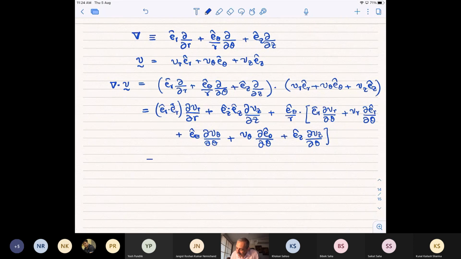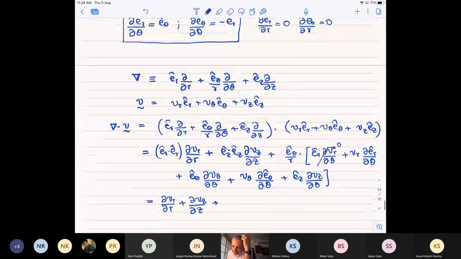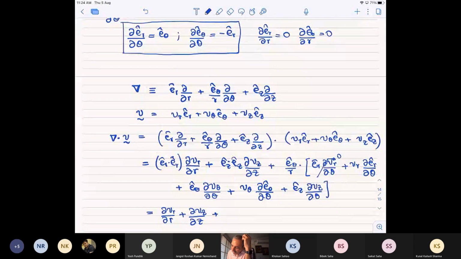So now the first two terms are simple: del Vr by del R plus del Vz by del Z. Then plus, now when I look inside here, E theta dot Er, obviously this term is just 0. What is del Er by del theta? Del Er by del theta is E theta.